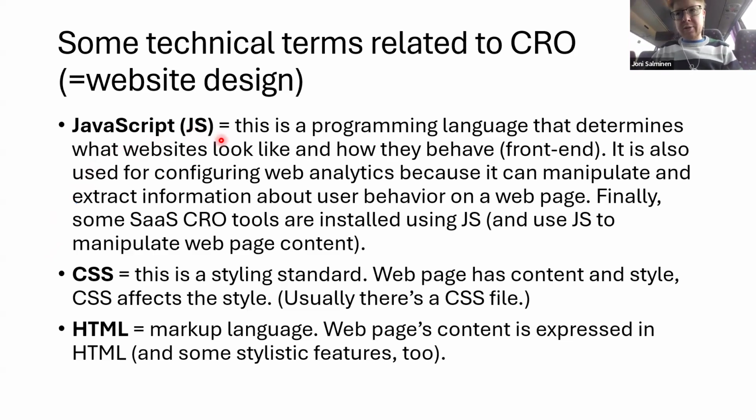So Google Analytics, for example, is implemented in JavaScript, but JavaScript also controls how websites look. So it's a front end technology. So the button clicks and so on, those are implemented in JavaScript. So the behavior of the website is manipulated through JavaScript. So this is a typical language for a front end developer.